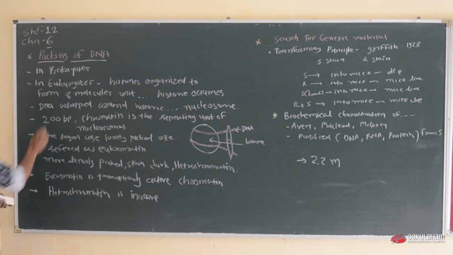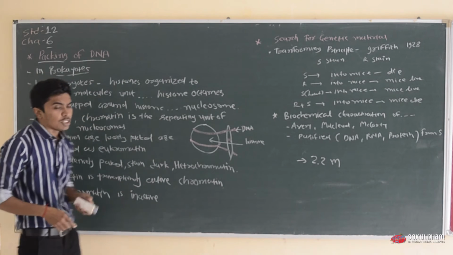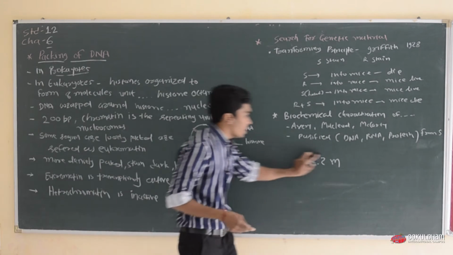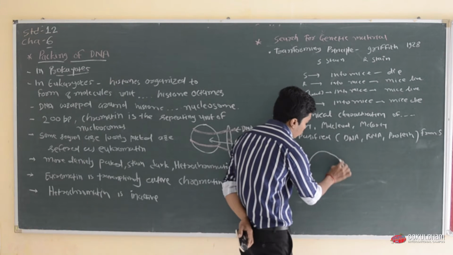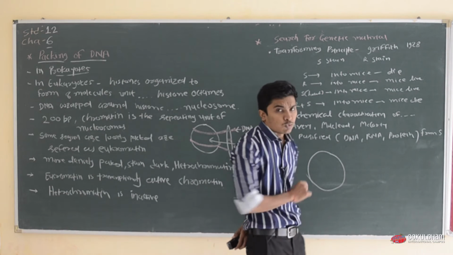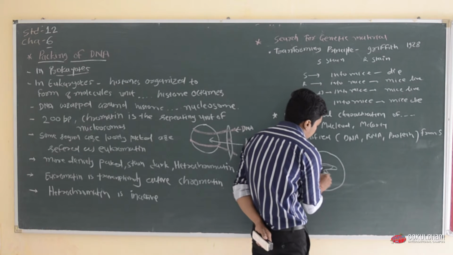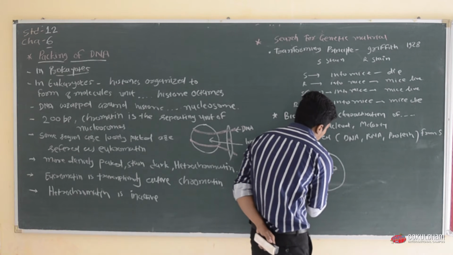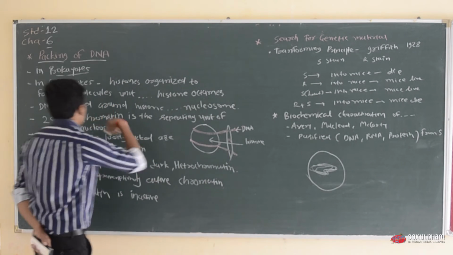Firstly, in prokaryotes, we know that prokaryotes are primitive organisms and they don't have a well developed nucleus. So this is a prokaryotic cell in which DNA is present naked, without a nuclear membrane.